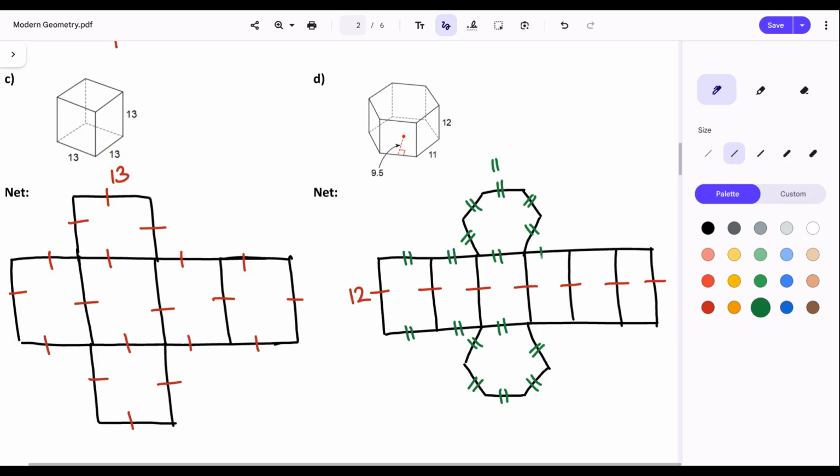And then make sure on that last one that you also had your apothem labeled. That should be that 9.5. All right, any questions on drawing out those nets?